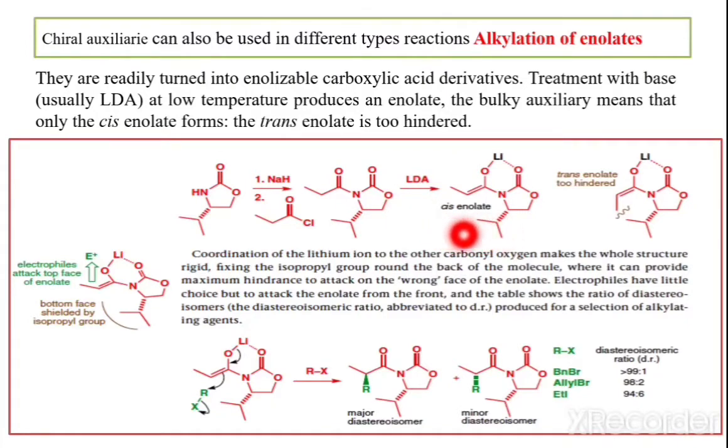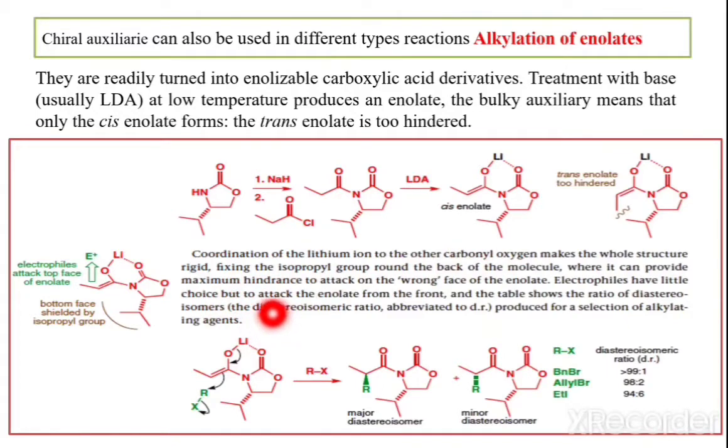Here we get the cis enolate, and this is the trans enolate. The trans enolate is hindered. Why? Because of this isopropyl group and this methyl group, there is some steric hindrance. Therefore the trans enolate is too hindered as compared to the cis enolate.